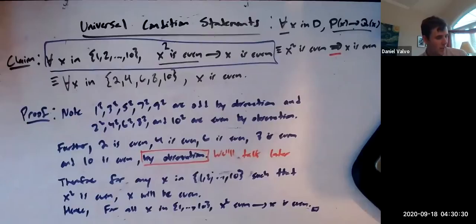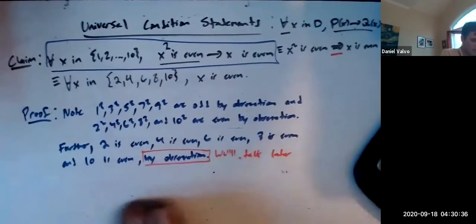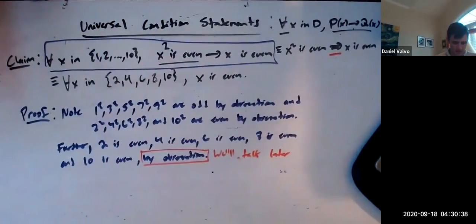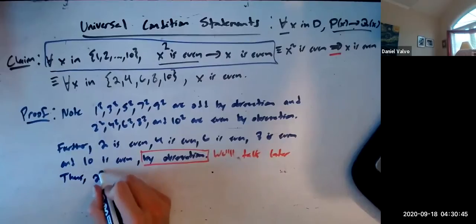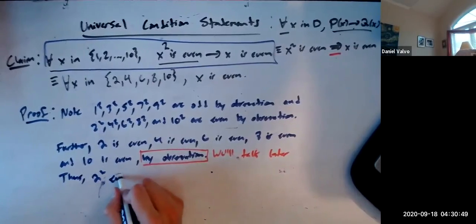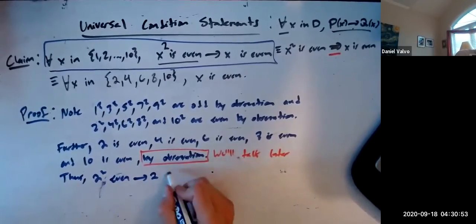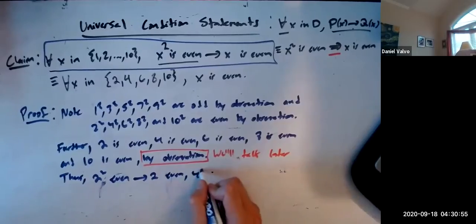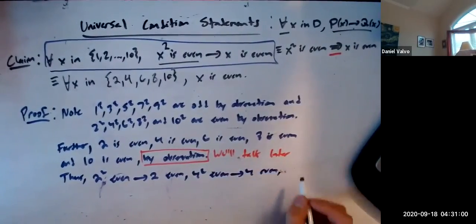Actually, I'm going to say this in a slightly different way. Thus, 2 squared even implies 2 even. 4 squared even implies 4 even.